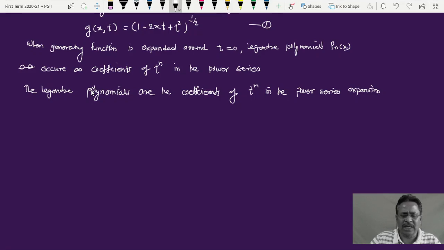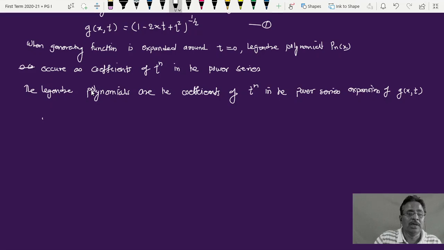It doesn't matter, it's not that difficult. When we expand this g of x, t in the power series, we get t raised to n multiplied by some coefficient, and these coefficients are nothing but Legendre polynomials.